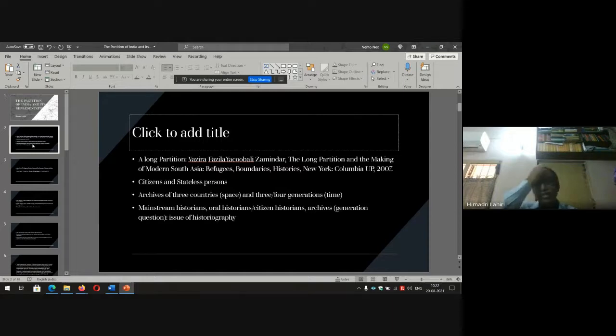So research makes it mandatory that you go beyond your state boundary and investigate different kinds of materials, not just the materials available in state archives, but go beyond that and find other kinds of archives. For example, the family archives.